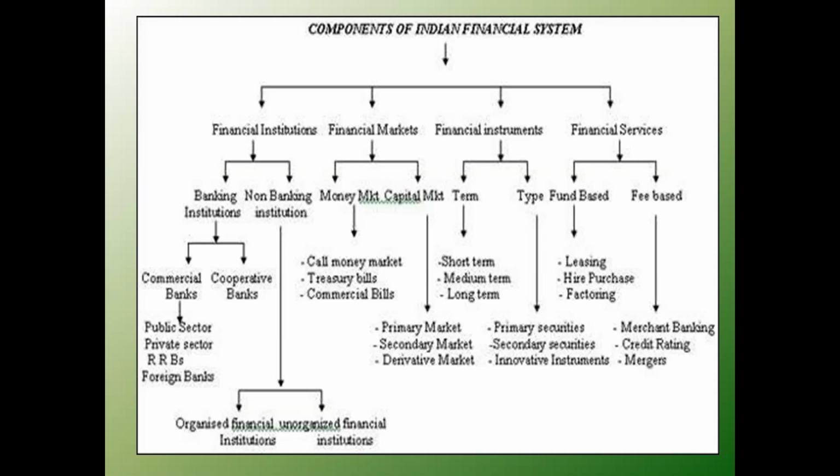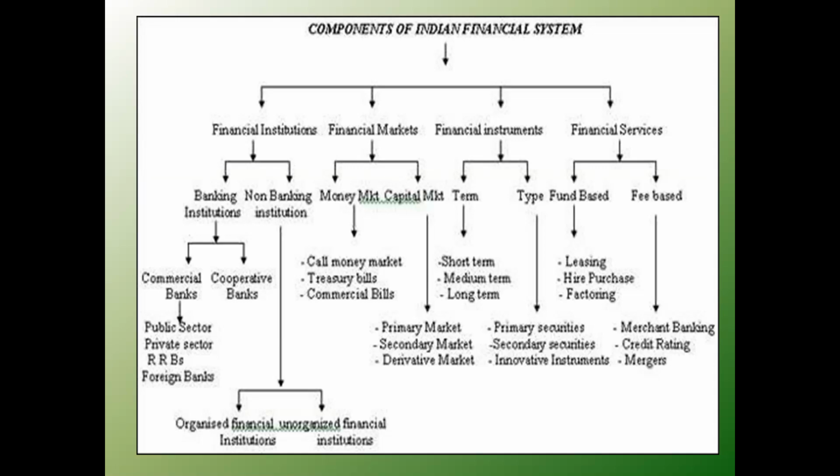Without registration, these concerns are doing the business of lending money at an exorbitantly high rate of interest. They don't have the control of Reserve Bank of India over them, and they don't have regulations to follow. So therefore, they are called unorganized financial institutions.